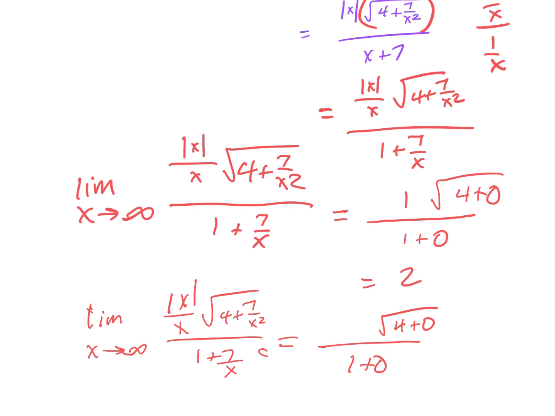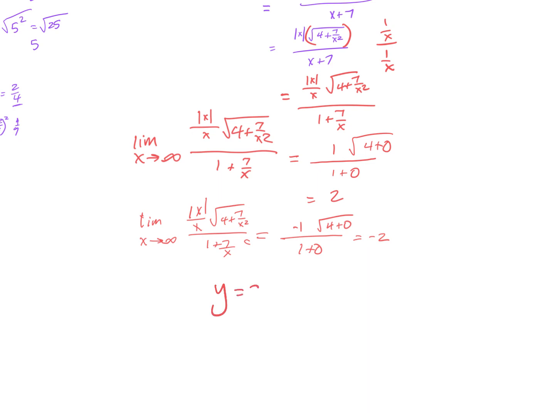What's going to happen to this absolute value of x over x? Negative in the denominator, positive in the numerator. Negative and positive are the exact same number, so this is going to equal negative 1. And overall, this limit is equal to negative 2. So this function has 2 horizontal asymptotes depending on which side we're looking at. Y equals 2 as x approaches positive infinity, and y equals negative 2 as x approaches negative infinity.